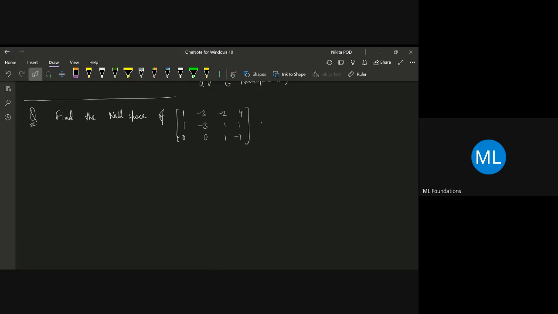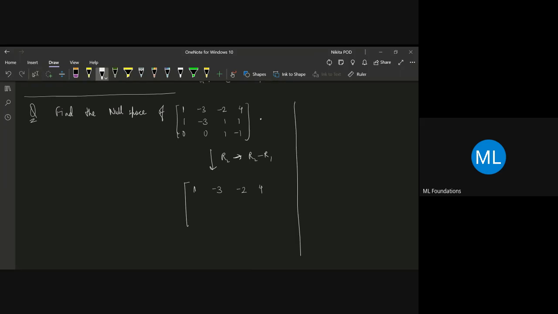So can you do it? R2 minus R1, we will do. Are we equating it to 0, Ax equals b? We are not equating it to b.